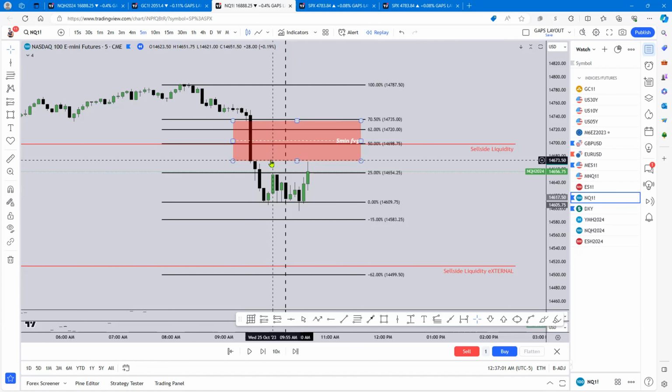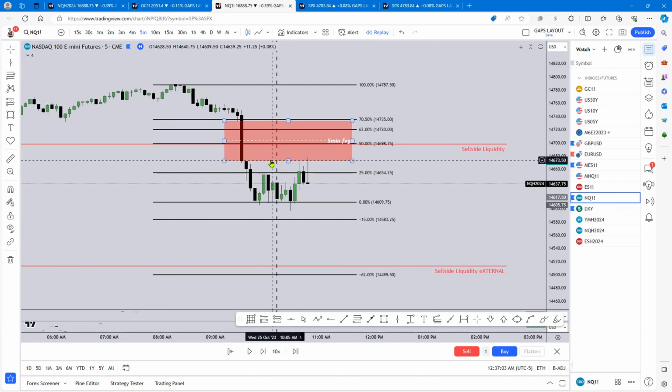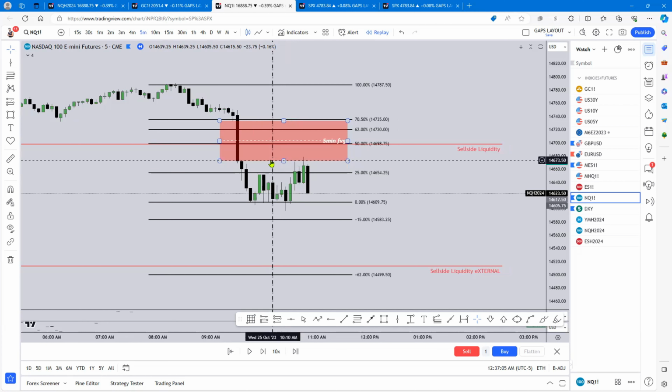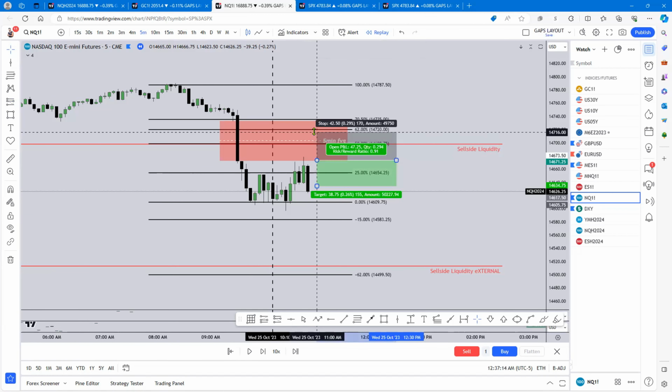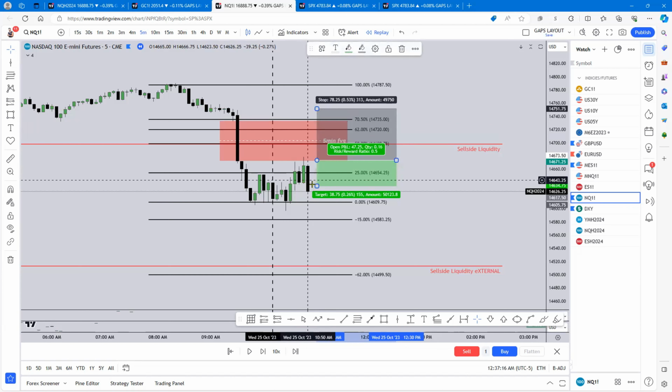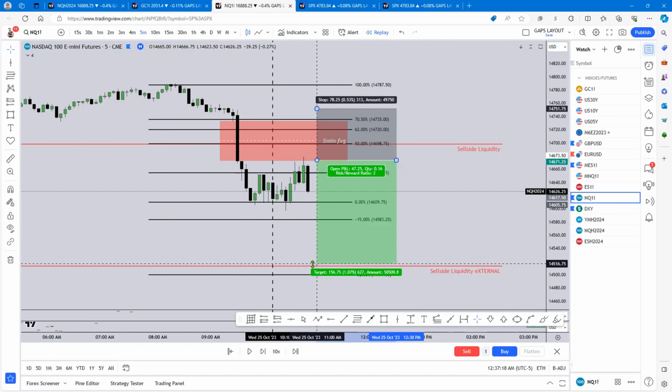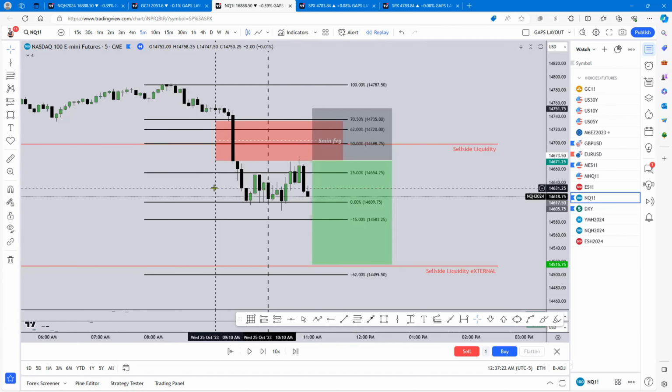So we're getting ready to tap into there. So if you were to take your short in here, you have to allow for all of this, and then we would target this sell side. So you still get a nice 1 to 2 risk to reward.